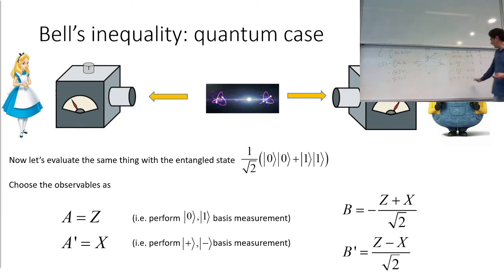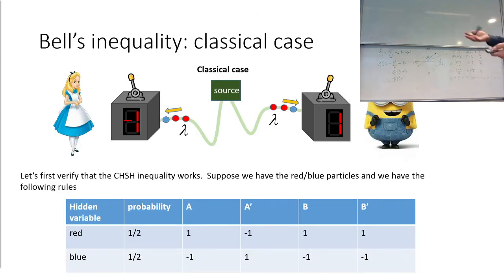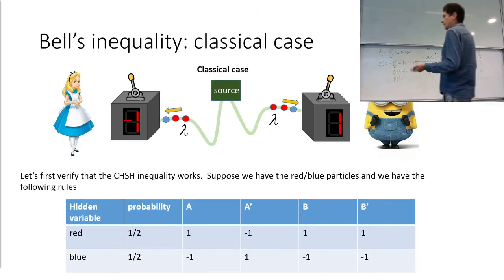Yeah, so in this case, the observable matrix is the outer product of these outcomes, and then the value is just plus or minus 1. And we do these plus or minus 1 values because originally when we were talking about the classical case, that's the setup that we had.